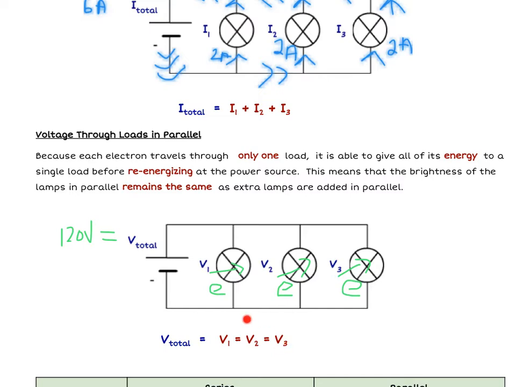And again, that's because the voltage needs to drop back to zero through a single pathway. Now, this is, of course, only with one load in each pathway, and sometimes we have combinations of circuits in series and in parallel, and that makes things a little bit more complicated.